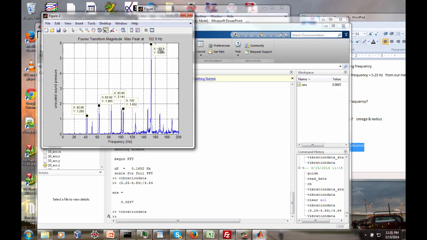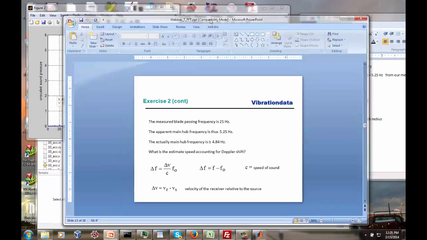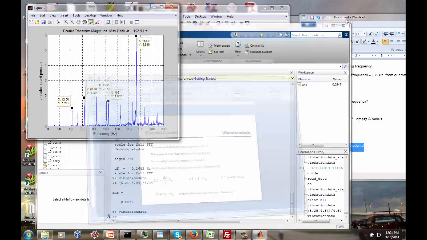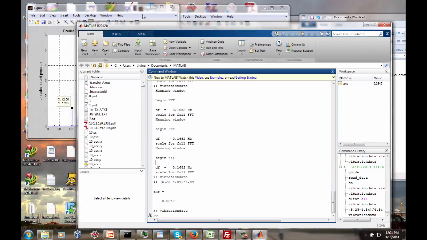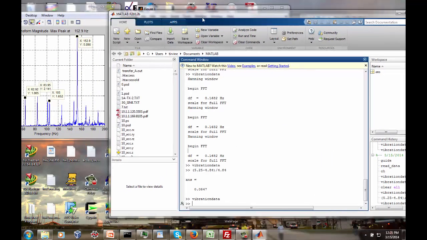So what about 153 hertz? Is that due to the main rotor or not? What if we have 21 hertz, that's our blade passing frequency for the main rotor, times 6. That's the 126 hertz peak.